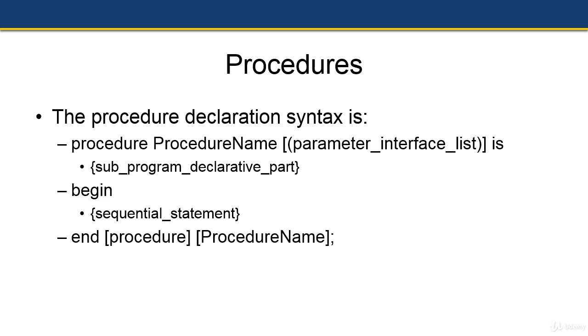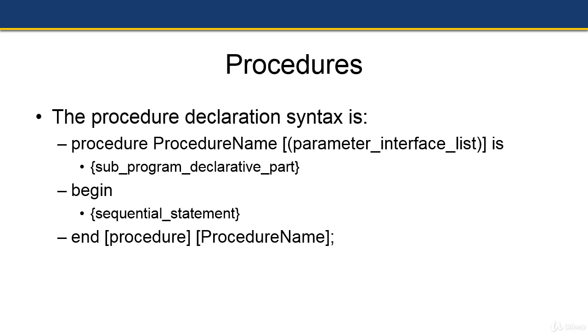We could have variables and constants and other things declared there. And then we have a begin, and then one or more sequential statements. One sequential statement that we have in subprograms that we do not have in, say, processes is the return statement.